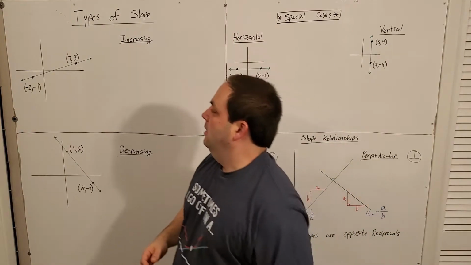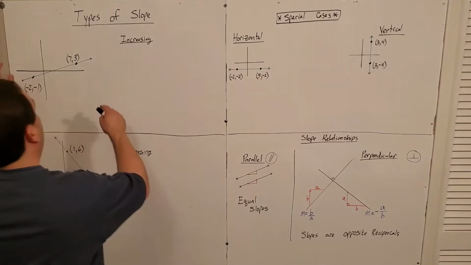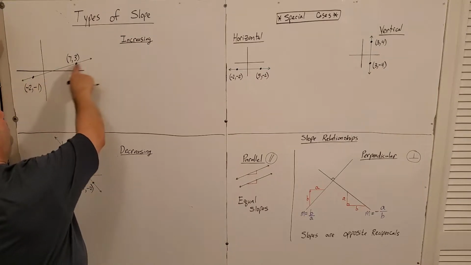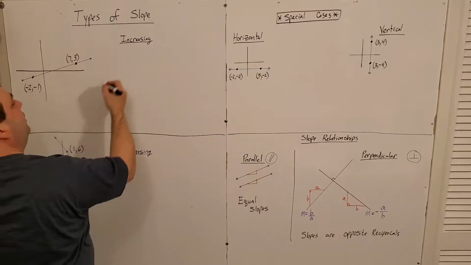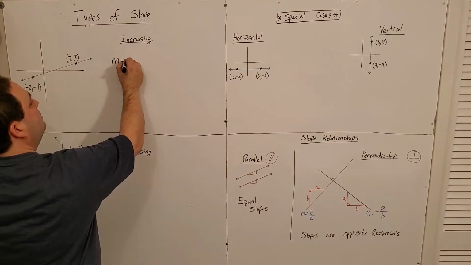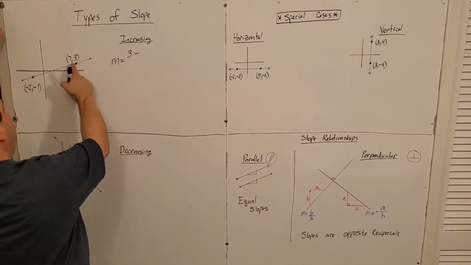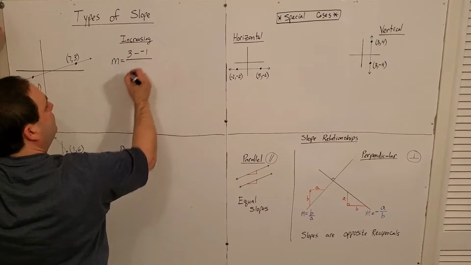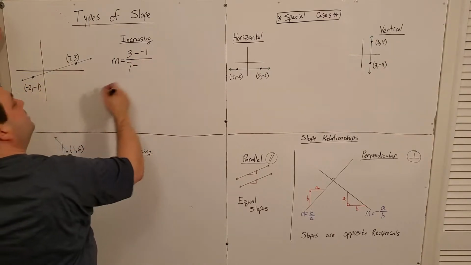Okay? If I calculate the slope for this, the way we were talking about before, this is just an example, but it's an example of something that's rising to the right. So let me calculate the slope here. M equals y2 minus y1 over x2 minus x1.